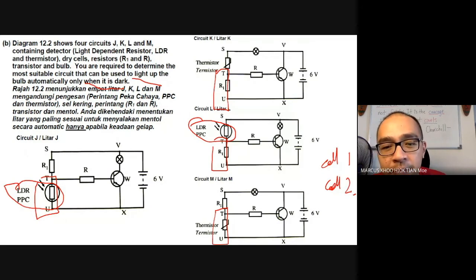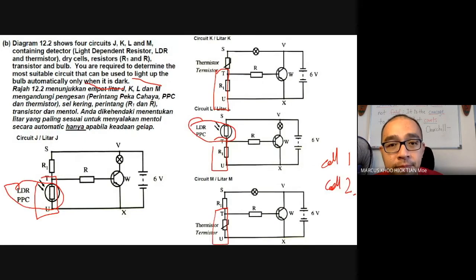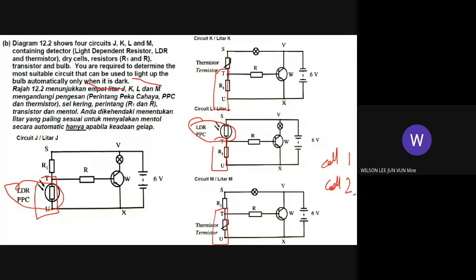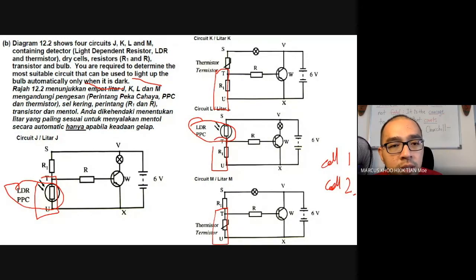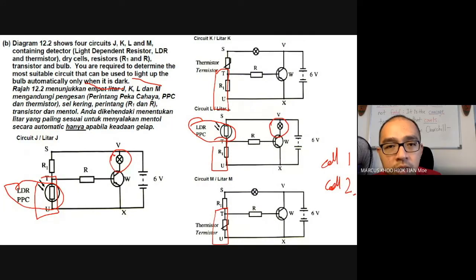Okay, in the meantime, let's wait. Let's go to Wilson. Wilson, position of the bulb, please. Is it at VW or SV? VW. Why VW? So the collector current can flow through. Okay, so the collector current can flow. All right.